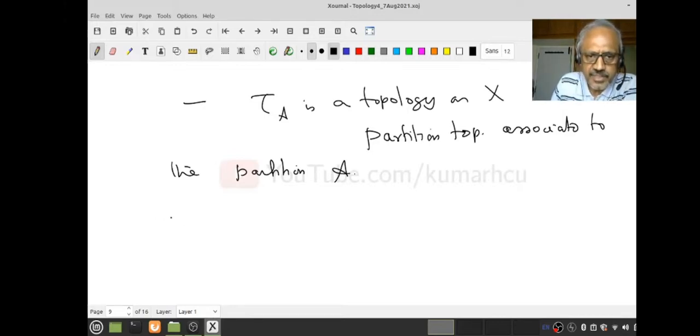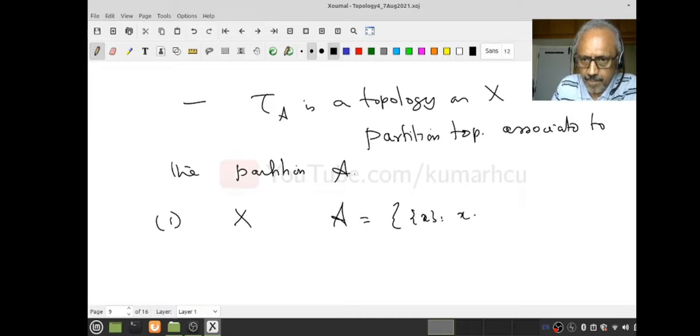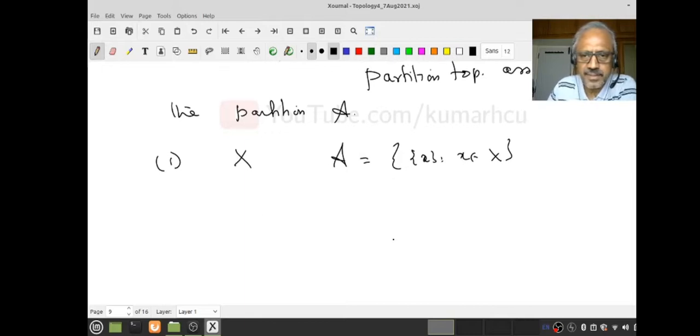Let us look at some easy observations. Suppose my partition of X consists of all singletons. Now what is the topology? How many of you can guess?